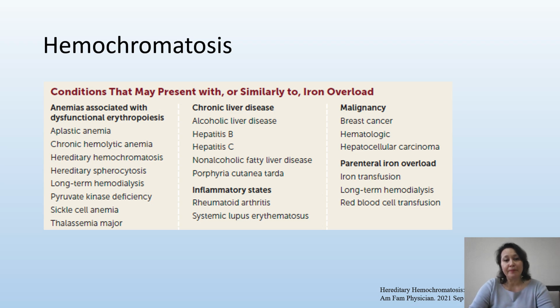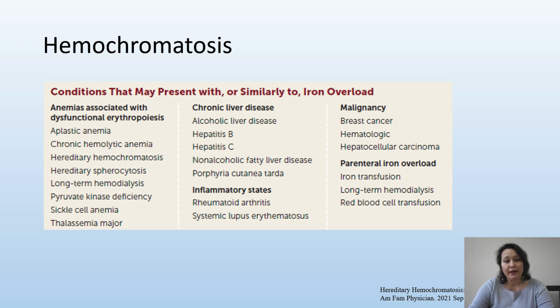There are conditions which can present with iron overload, and we should differentiate them from hemochromatosis. It can be anemias with dysfunctional erythropoiesis: aplastic anemia, hemolytic anemia, spherocytosis, in patients who have long-term hemodialysis, in patients with sickle cell anemia, thalassemia.